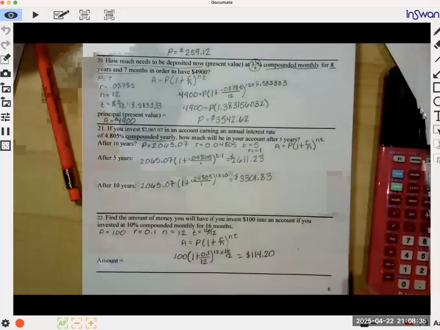Can I go to the bottom part of this one? Yes, thank you.